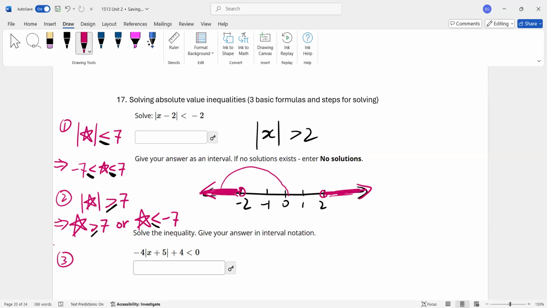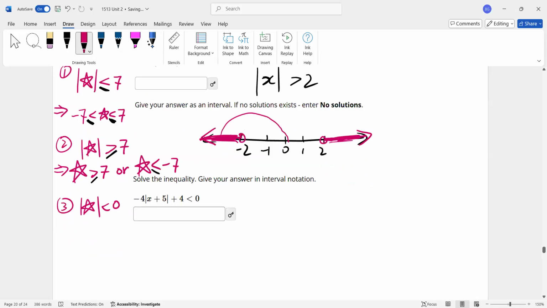What if you have absolute value less than 0? Yeah, I think I have more than just 3 basic inequalities, so I'm going to write more. What if you have absolute value less than negative 7? What if you have absolute value bigger than negative 7?